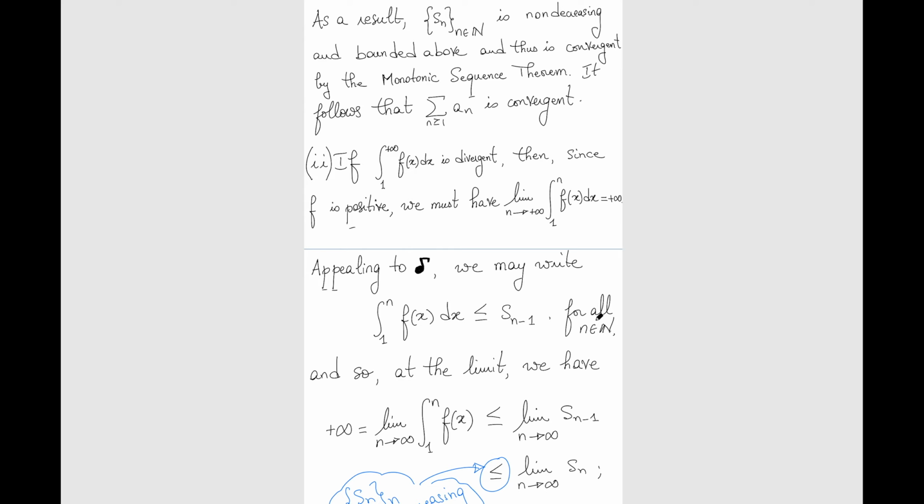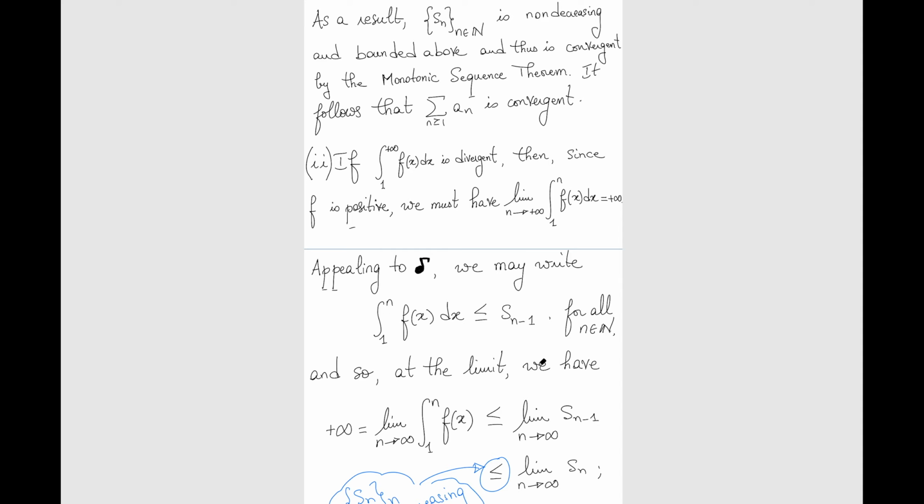Okay. And so since this happens for all n, at the limit, I'm going to still have this inequality holding for me. So I'm going to get the limit as n goes to infinity. That guy as n goes to infinity, which I know is plus infinity, we just discussed it, right? That guy goes to infinity, and this is less than or equal to this guy as n goes to infinity.